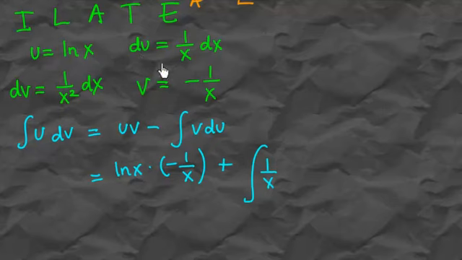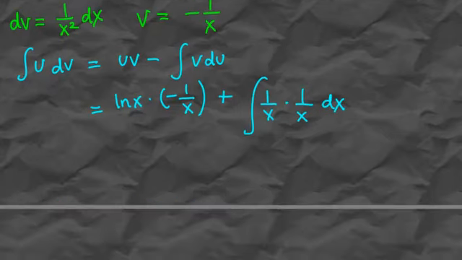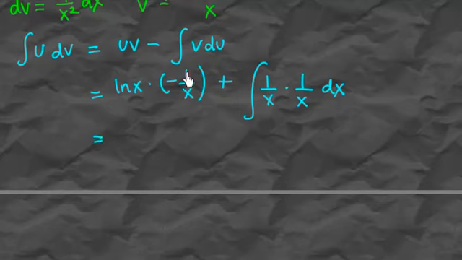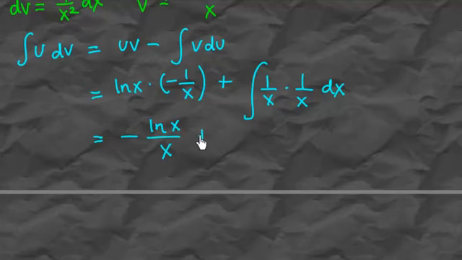That's our du, 1 over x dx. So let's rewrite this expression as minus natural log x over x plus the integral of 1 over x squared dx.